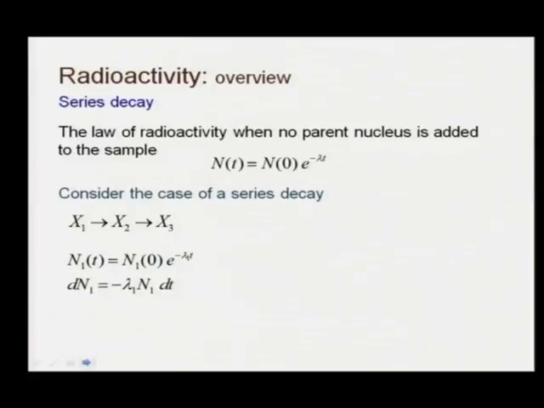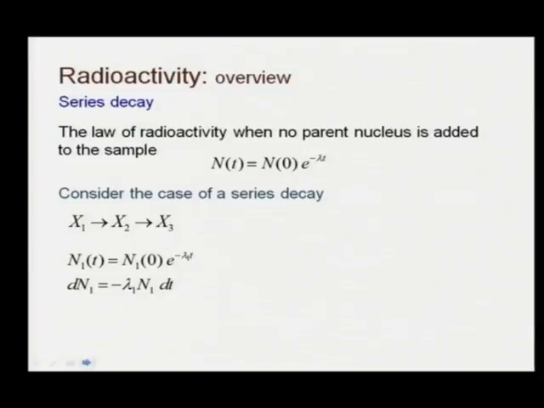Now, we have another possibility. The law of radioactivity that we considered, that when one particle decays to another particle, the number of particles present in that sample at time t is equal to the number of particles present at time t equal to 0 times exponential minus lambda t, the time elapsed.